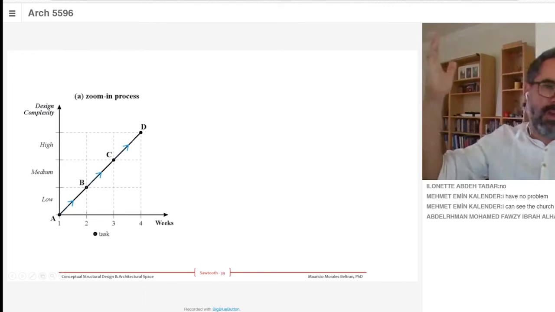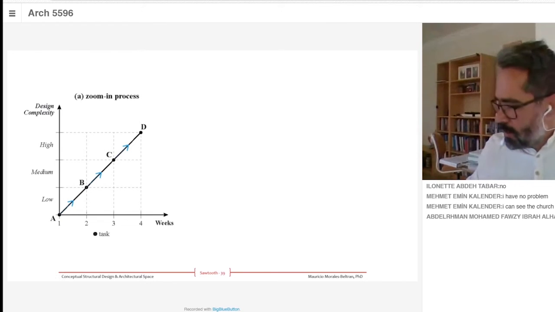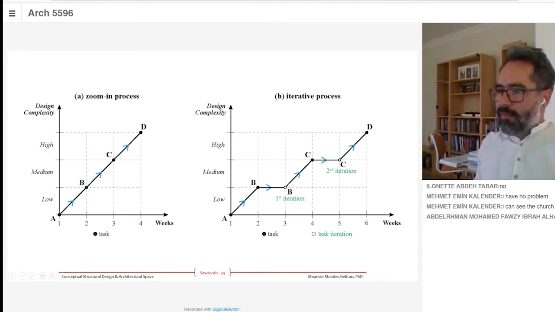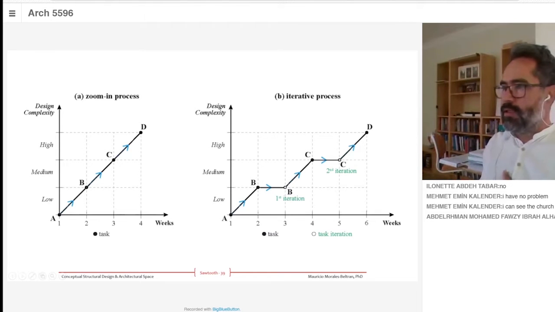That, of course, in practice never happens, because after you go to the first step, let's say the task is B, usually you have to repeat this task in a studio. I'm talking not necessarily about an average, not necessarily individually. Why?